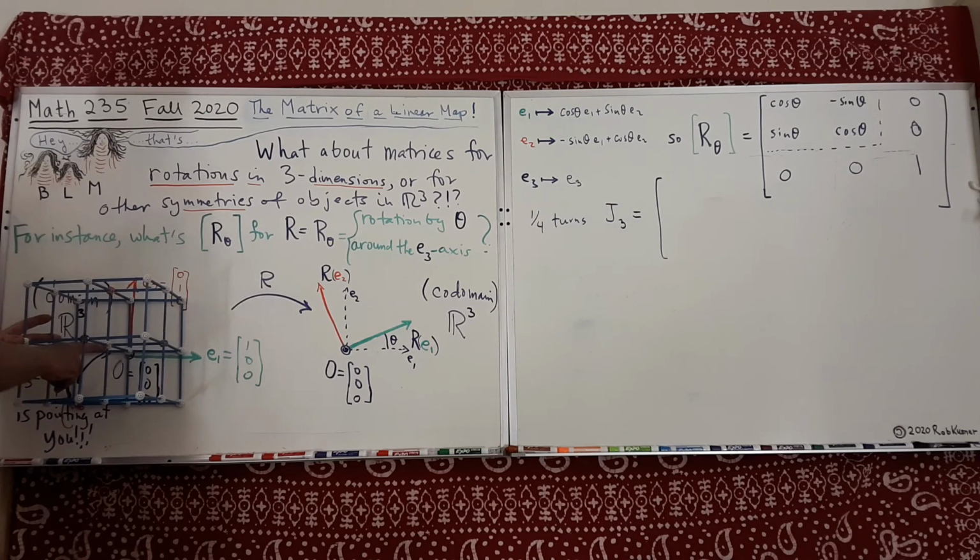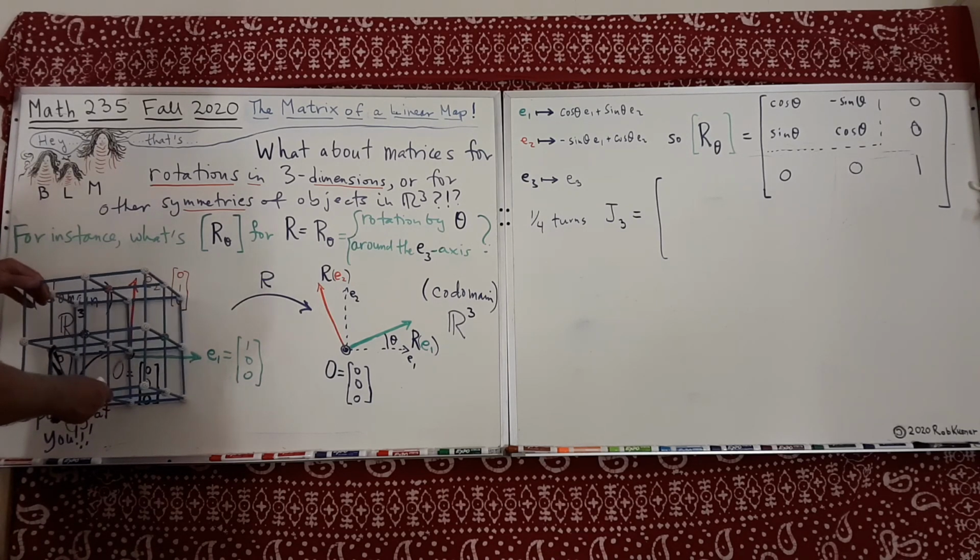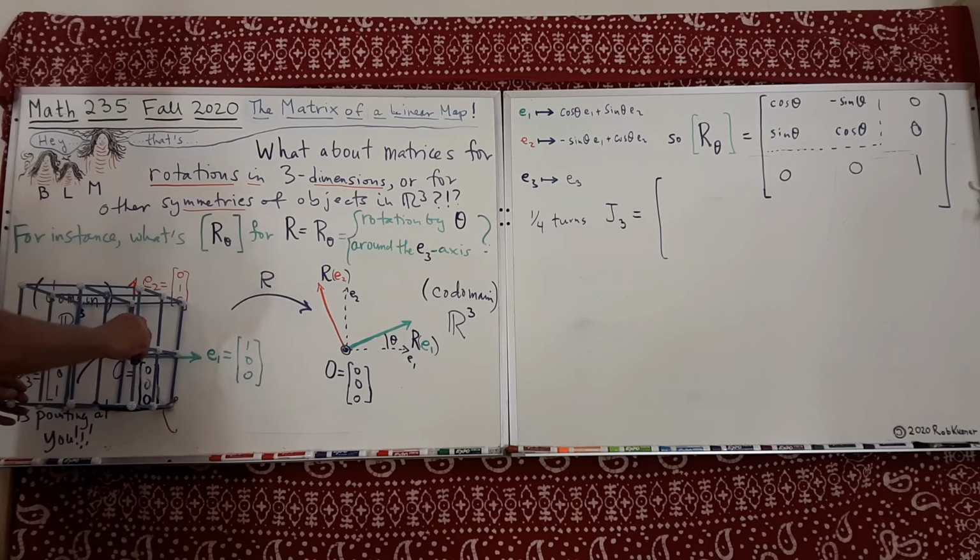You can't quite get it into the board. Here's E3 sticking out at you. Here's E1 and here's E2. So I've magically moved the origin out to the middle here. And if I make a quarter turn, okay, the quarter turn again takes E1 to E2, takes E2 to minus E1, and it takes E3 to itself.